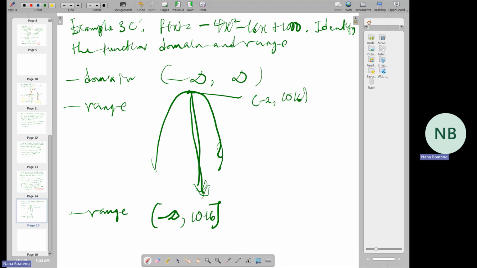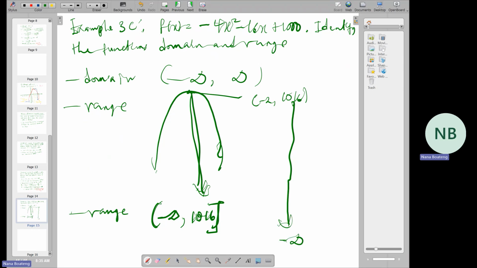So the maximum it can be is 1016, and it goes from its maximum value of 1016 all the way down to negative infinity.